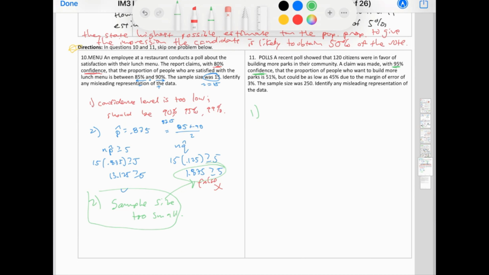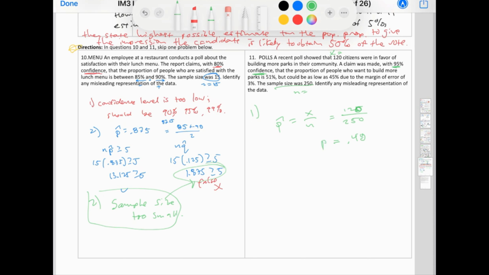Okay, so let's see. They said x equals 120. That's the favorable count, right? And n here is 250. So p hat equals x over n, which is 120 over 250. If you do your math, this will get me 0.48 with a margin of error.